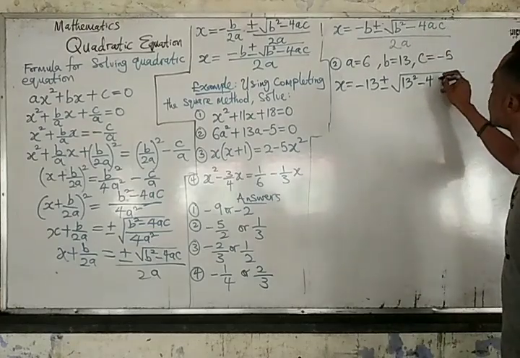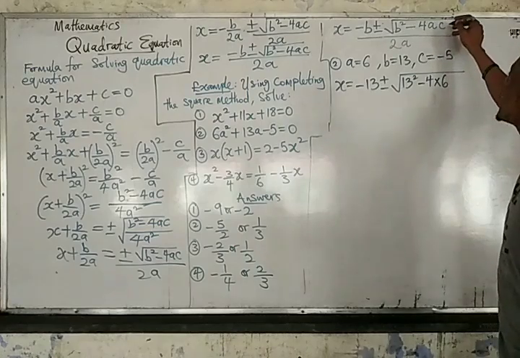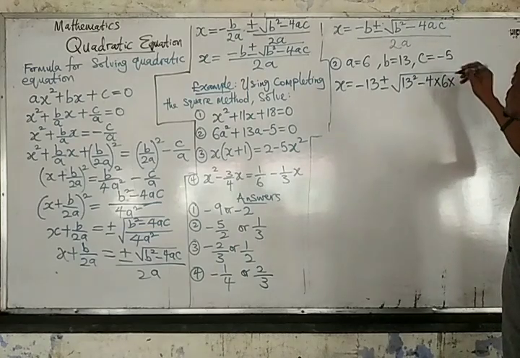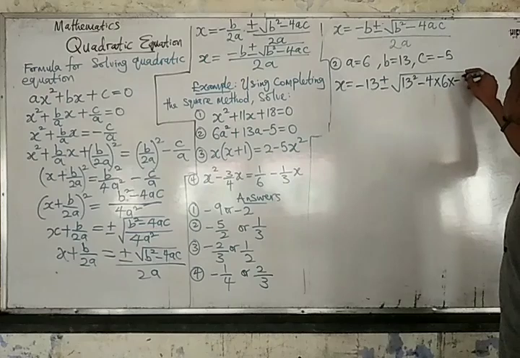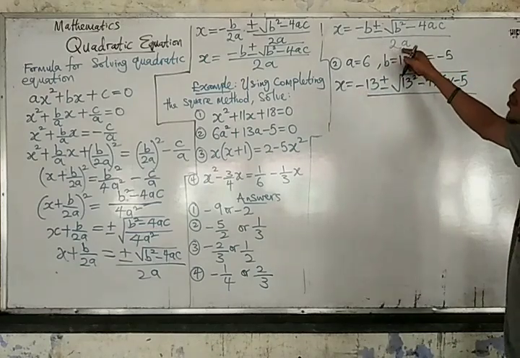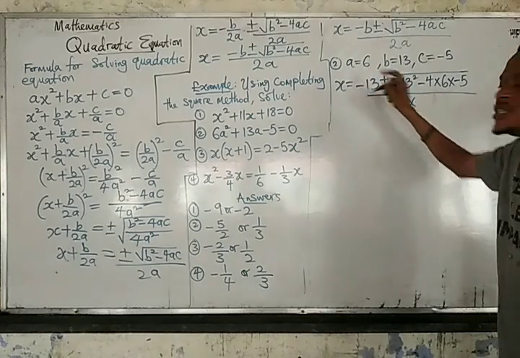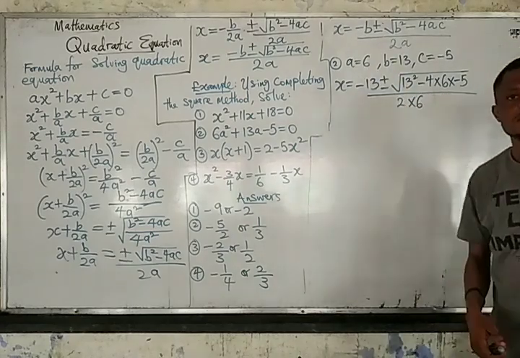We have minus 4 multiplied by a, which is 6, then multiplied by c, and the c is minus 5. Everything divided by 2 multiplied by a. We have 2 multiplied by a, which is 6.